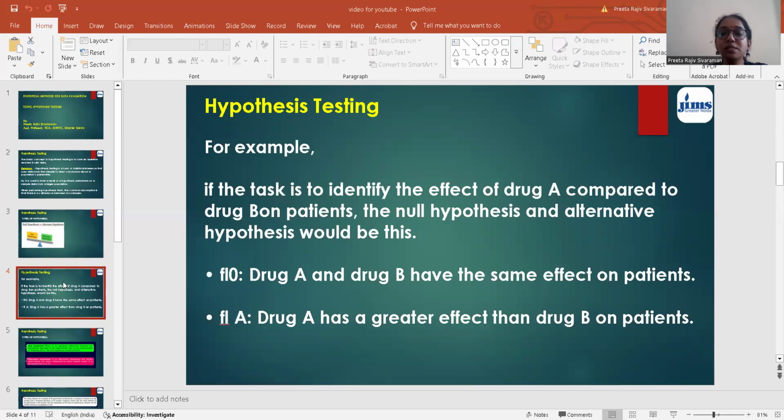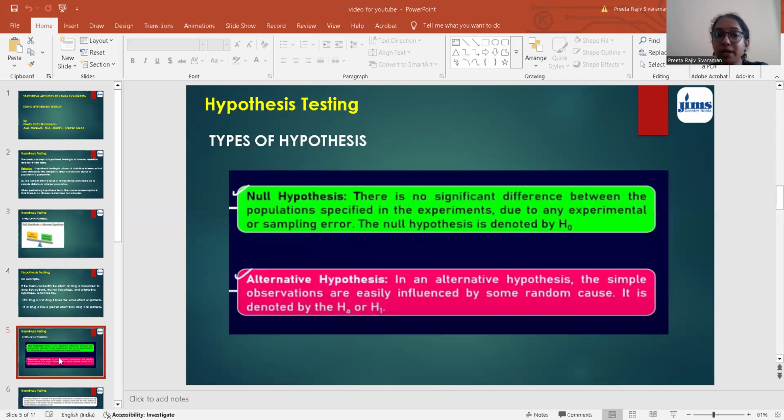And the notation is H0 for the null hypothesis and HA or H1 for the alternate. Now the formal definition says that the null hypothesis states there is no significant difference between the populations specified in the experiments, or that any difference is due to experimental or sampling error. It is denoted by H0. For an alternate hypothesis, the observations are influenced by some random cause. It is denoted by H1.